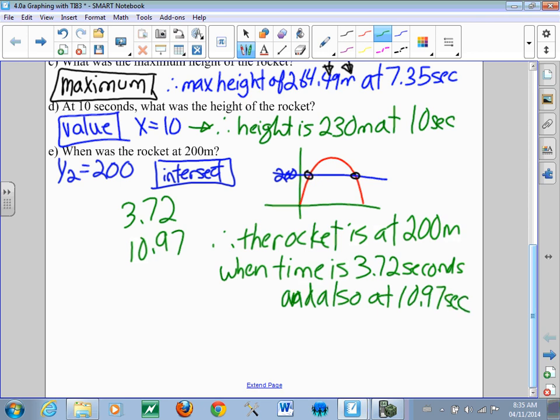So on the way up it hits 200, goes past 200, and then on the way down it comes past 200.